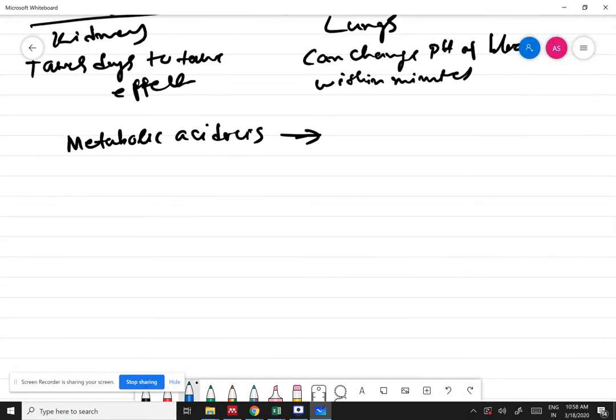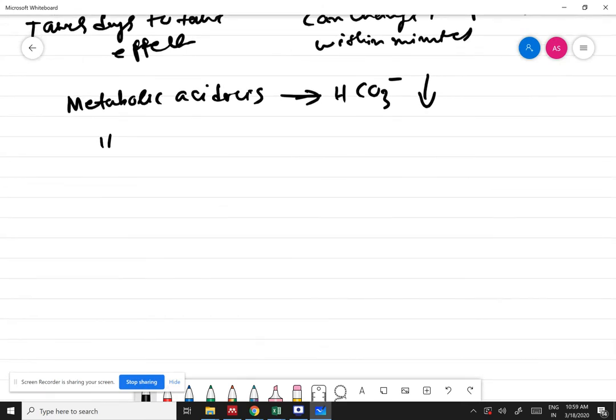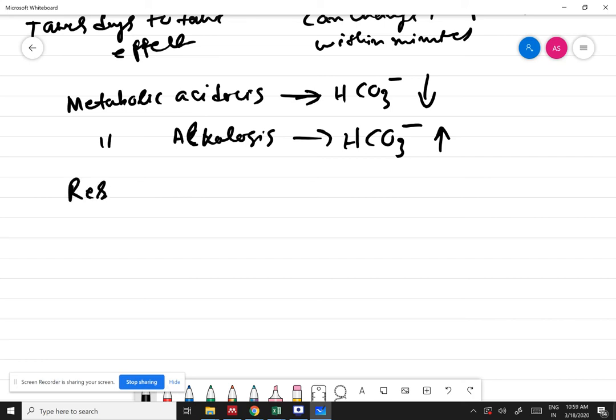So there can be metabolic acidosis, in which HCO3 minus will go down, and metabolic alkalosis, in which HCO3 minus goes up. There can also be respiratory acidosis, which means it is happening in the lungs.